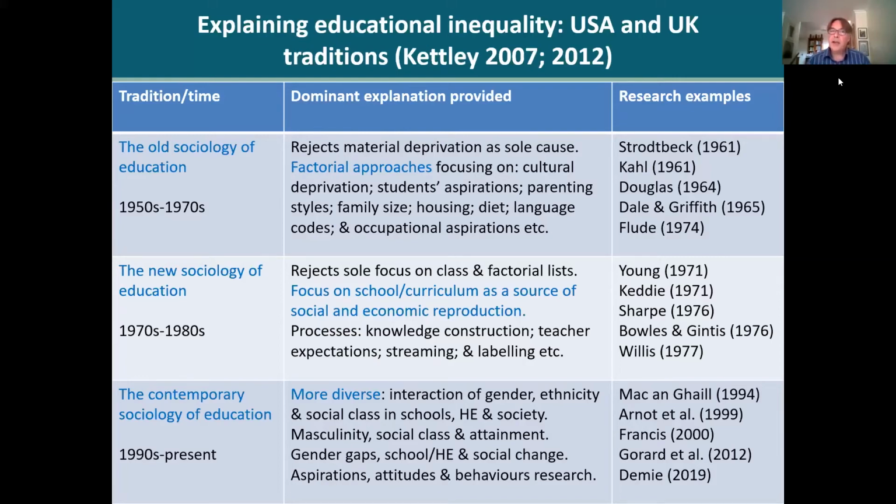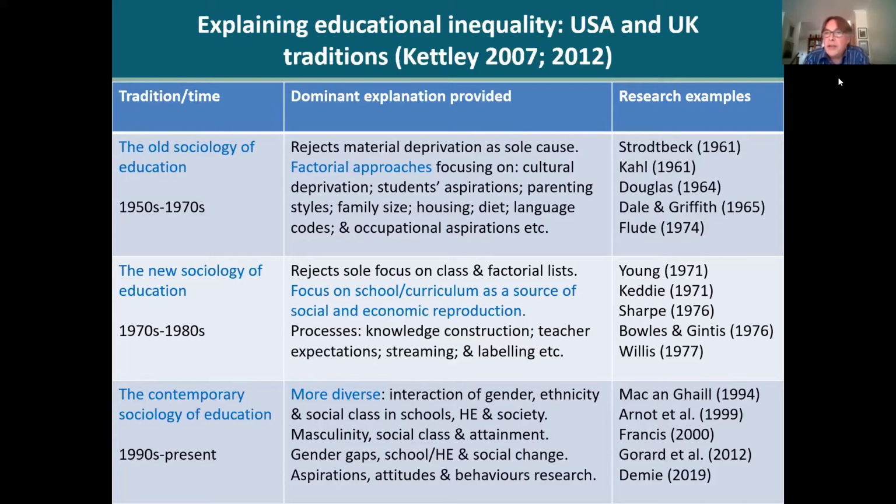So what I refer to as the old sociology of education existed in the 50s, 60s, and 70s in Britain and the US. And basically in this post-World War II period, there was a belief that material inequality was declining with, certainly in the case of the UK, the introduction of things like the welfare state.